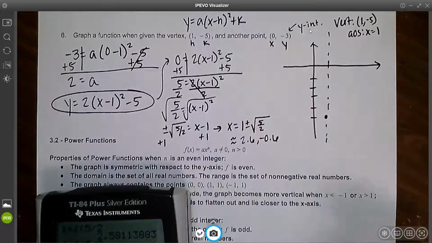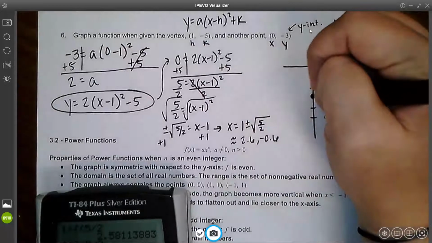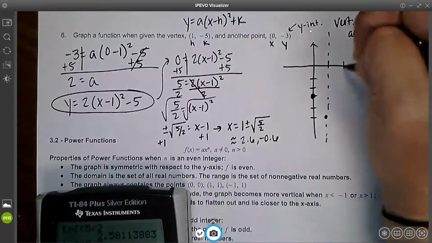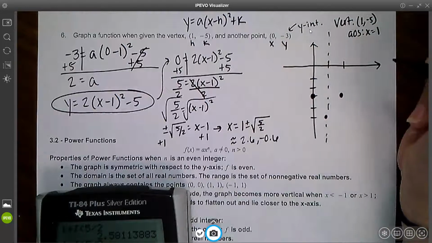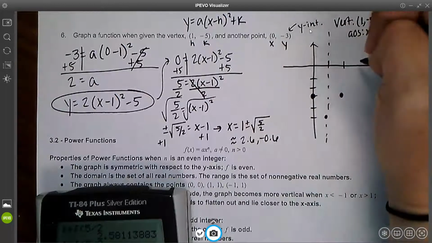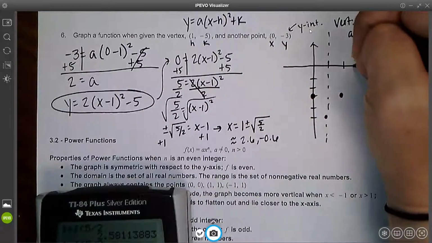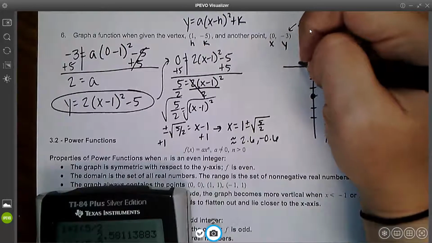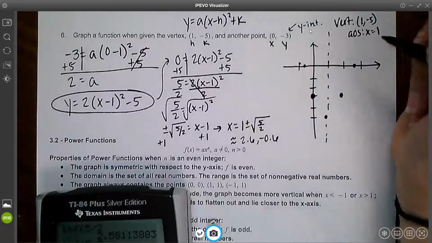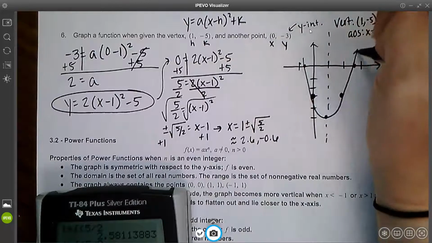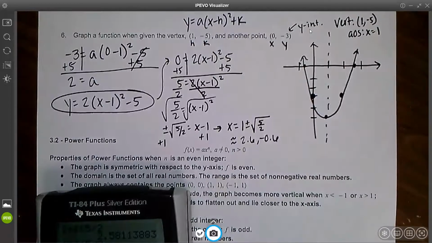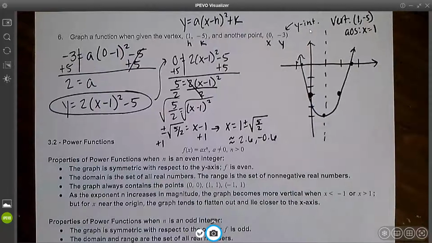My y-intercept is -3, so I can use my axis of symmetry to plot that point as well. And then my x-intercepts, I have 2.6, so if that's 3, it's a little more than 2.5. And I have -0.6, so about right there. So this is going to be my graph. I'm not having good luck with hitting those points. All right.